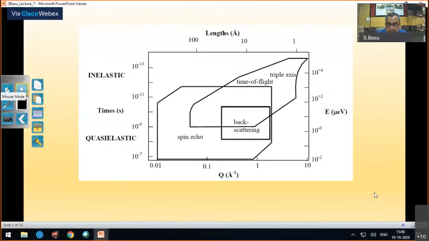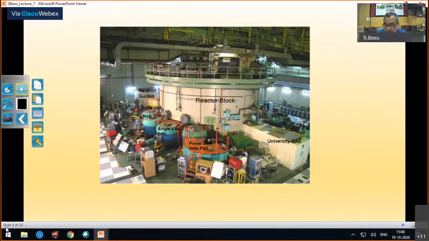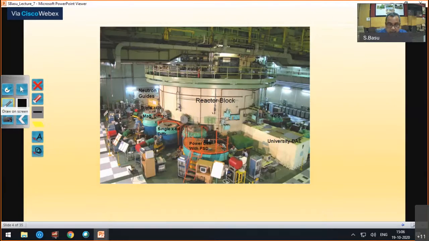So with this much, this is the reactor hall that I showed you earlier. You have seen it looks pretty crowded, and also I wanted to show you that this is the reactor block, which is a cylindrical block. I'll come to it in a little bit more detail. The actual reactor is much smaller than what you see from the outer perimeter, and there are instruments which receive beams from the neutron.